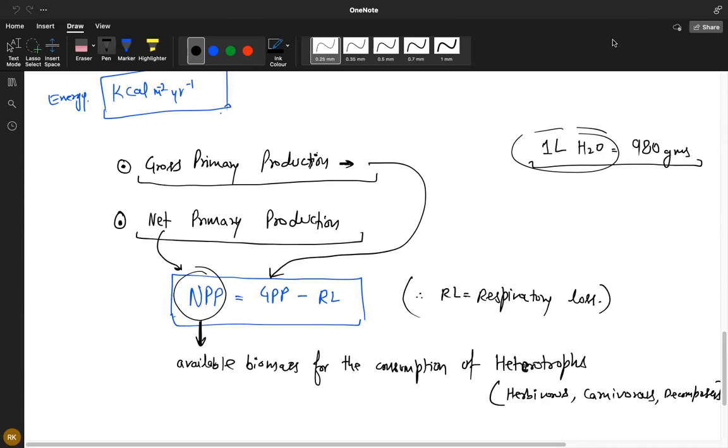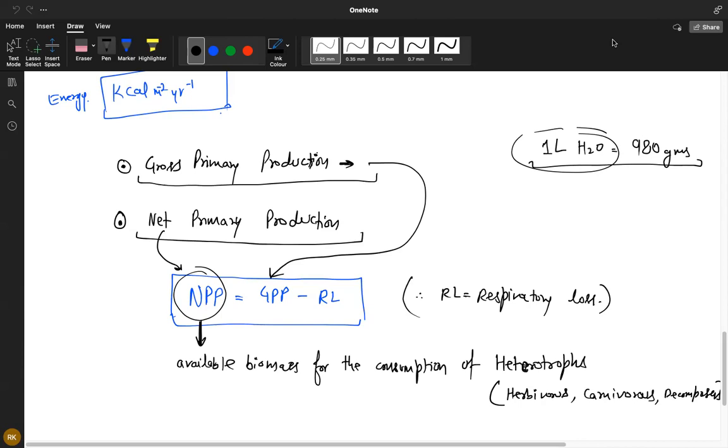And primary production depends on NPP, GPP, both or none. GPP. None. Primary production is GPP. Primary production only depends on sunlight, water, and CO2. So that's the trick question. Primary production is GPP only, the full production.